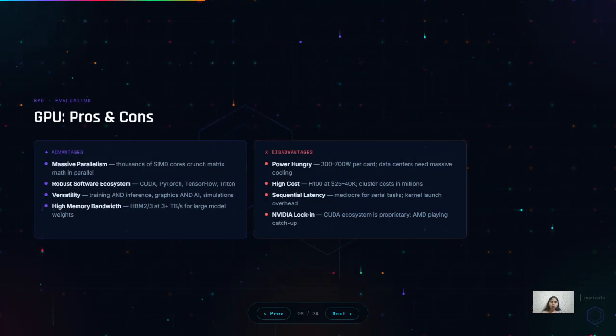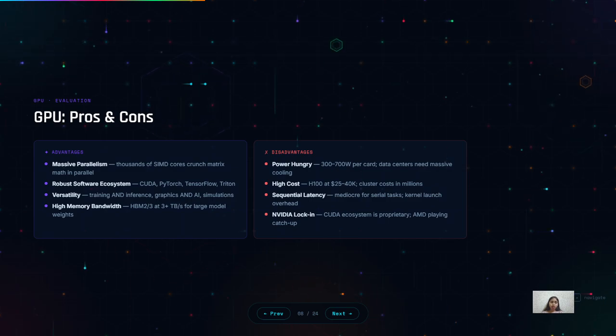Now let's move to the pros and cons of the GPU. GPUs currently dominate AI training. Why? Because neural networks are basically giant matrix operations, exactly what GPUs are optimized for.